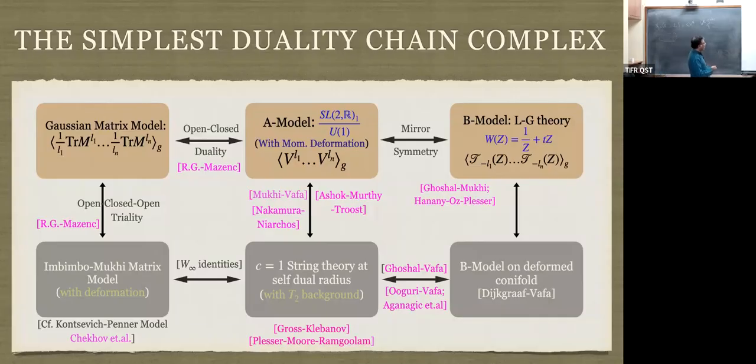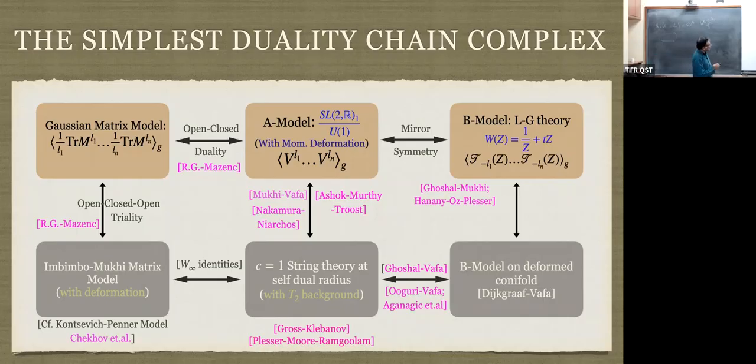So this string theory, in fact, had also been proposed by Sunil and Kunran to be related to the Kasama-Suzuki matrix model.